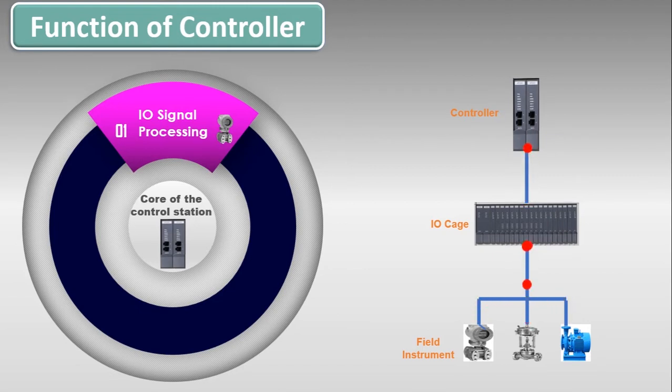These signal values move to the controller by the data transmission module via S-bus communication. Here the I/O signal processing will be done. The signal which needs only monitoring will be sent to the workstation by the controller. The signal against which some control action needs to be taken will generate output by the controller.